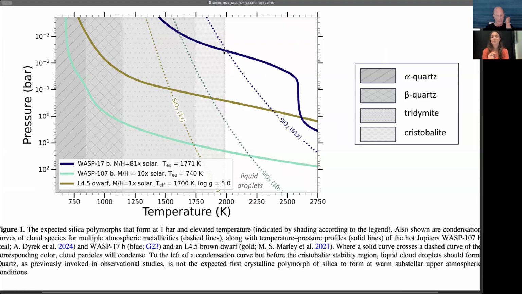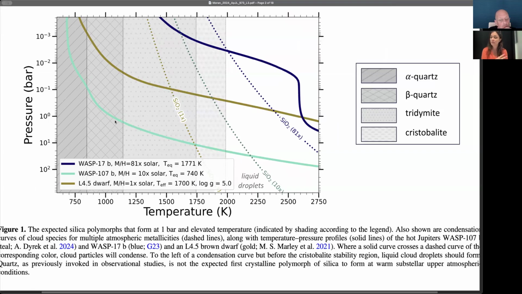That follows with these other two objects as well, WASP-107b and this L dwarf, that's similar to the one that was observed and modeled in Birmingham et al. 2021. That's what we're picturing.